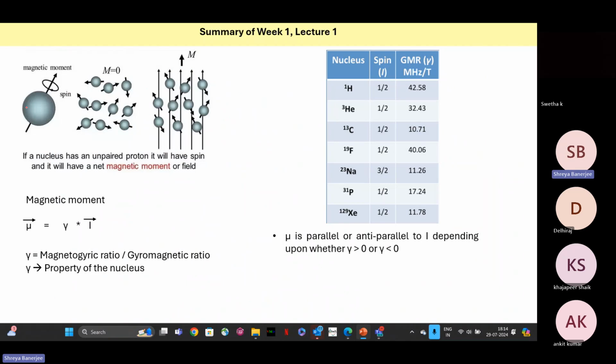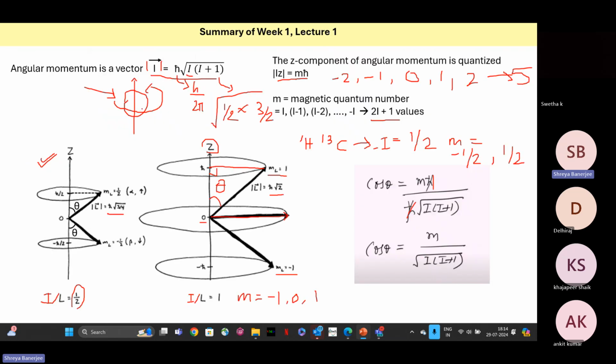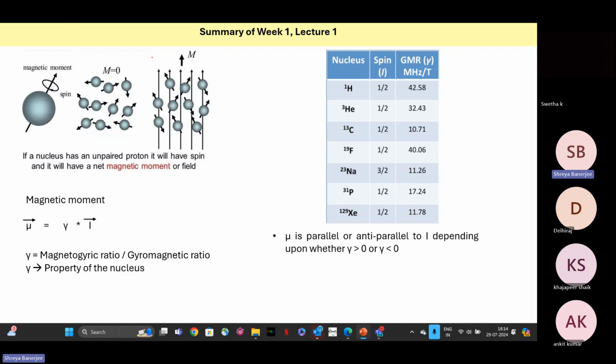So now again we are coming back to the nucleus, where the nucleus is spinning, and due to this there is an angular momentum. Now, from electromagnetics, you know that whenever there is a spinning charged particle, a magnetic field will be generated.